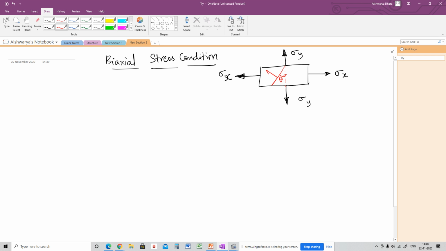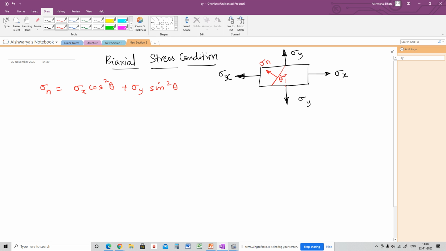Here we will take the normal stress, right? So in this we will get an equation like sigma n equals sigma x cos square theta plus sigma y sine square theta. You have to remember this equation.